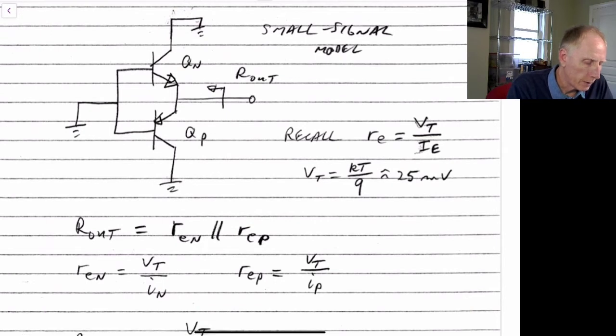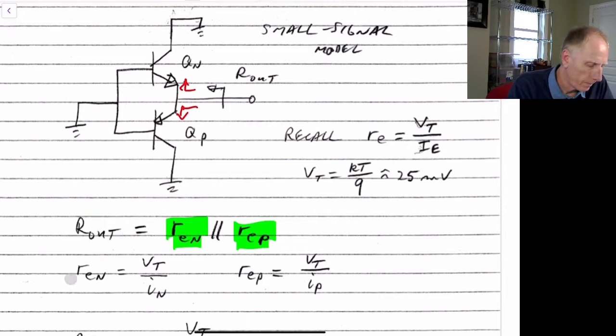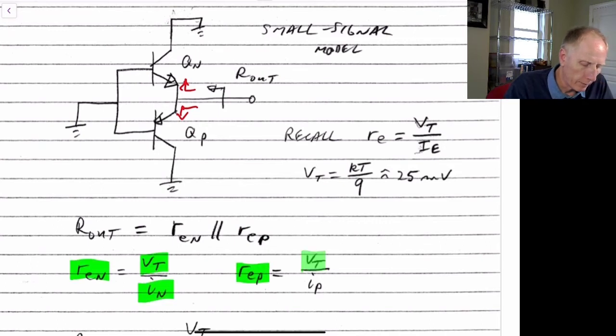So the output impedance, looking back into that, is just going to be the emitter resistance looking up into the NPN transistor in parallel with the emitter resistance looking into the PNP transistor. So in parallel with R sub EP.